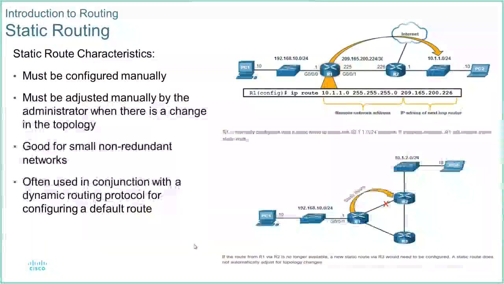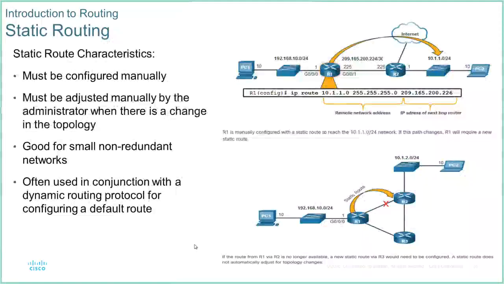So what do we need to configure when we want to configure a route? A static route is one that we manually configure on our devices, and we need to give it some basic information.